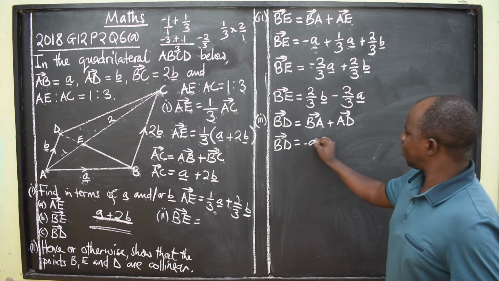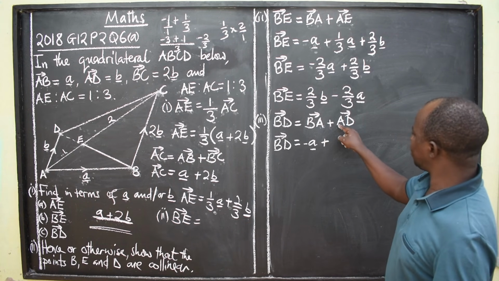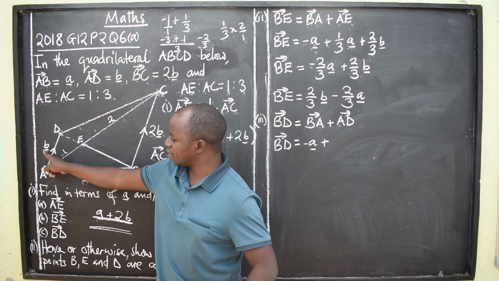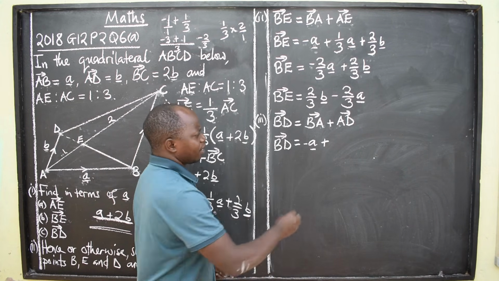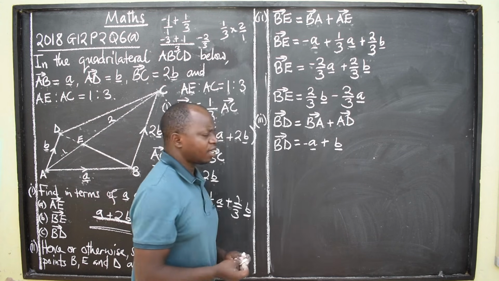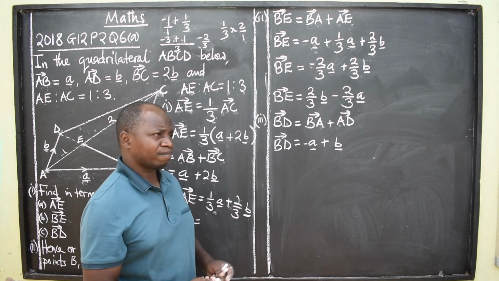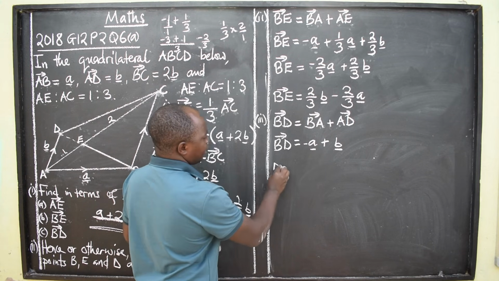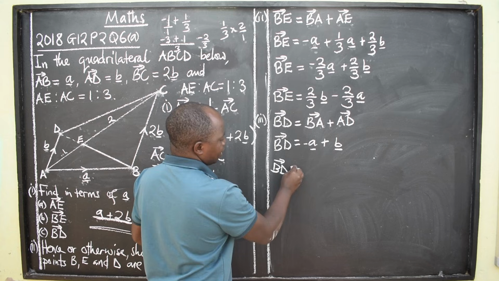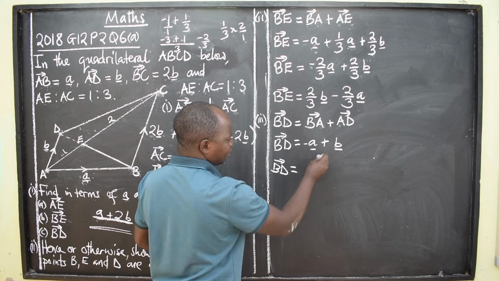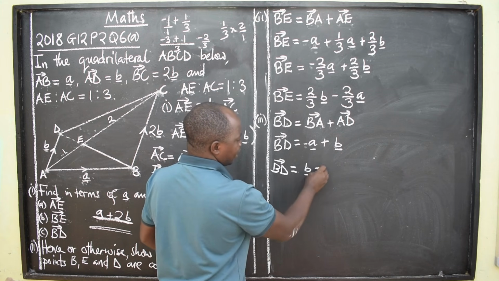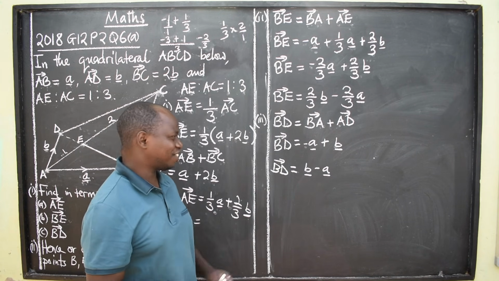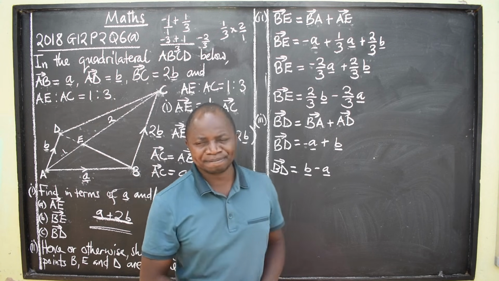So it will be negative A plus what is AD? From A to D is vector B. So this will be vector B. That will be the answer. But again, you can start with the one that has got a positive. So you can say BD is equal to, the one with positive is this one. So you can say B minus A. That's the end. Just like that. So that is the answer for that.